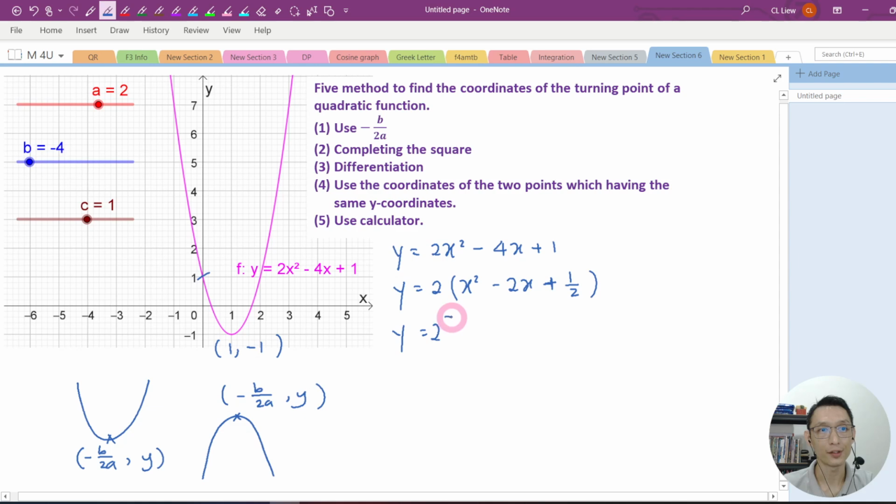Just copy the 2 first. Okay, x squared, copy. These 2 terms, just copy. And then you plus something, put a parentheses, square, minus back. Okay, why do we need to plus and minus back? Because we want to keep the value unchanged. And then plus 1 over 2. Okay.